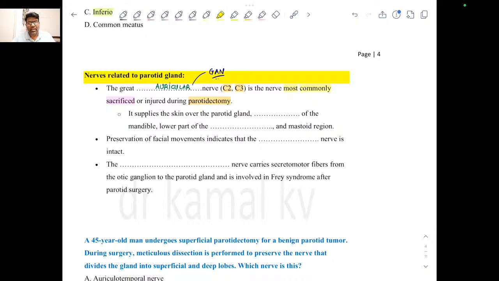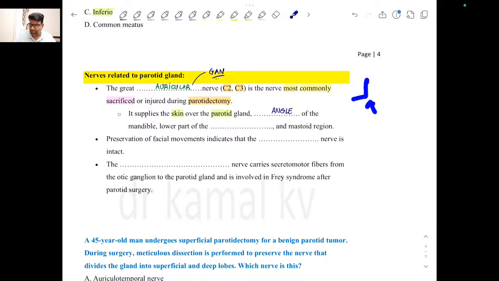Now, what is the area supplied by great auricular nerve? It supplies the skin over the parotid gland, then the angle of the mandible. If the mandible is something like this, this area is known as the angle, where the mandible bends.